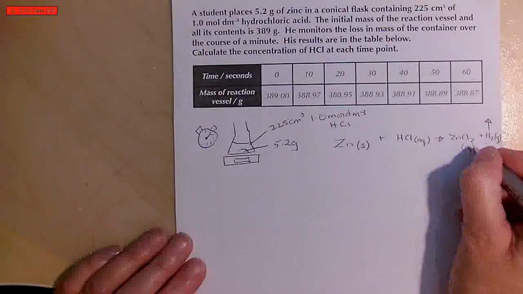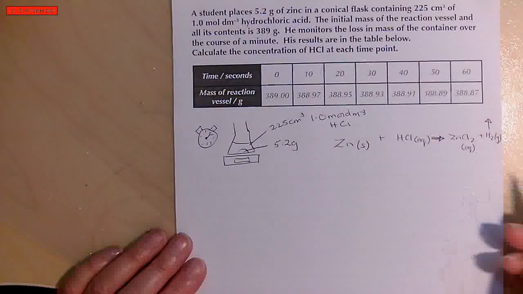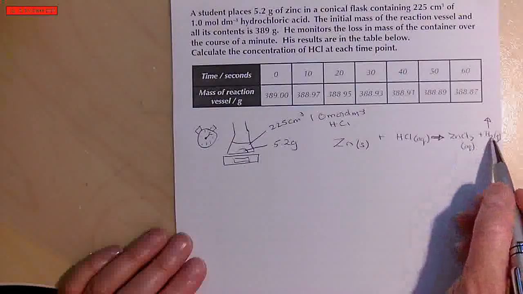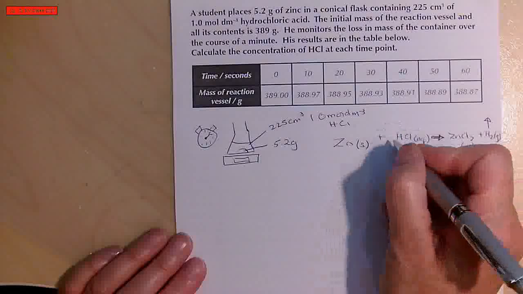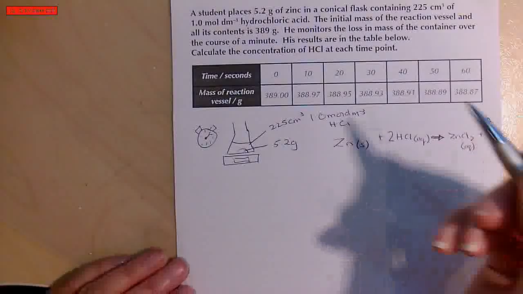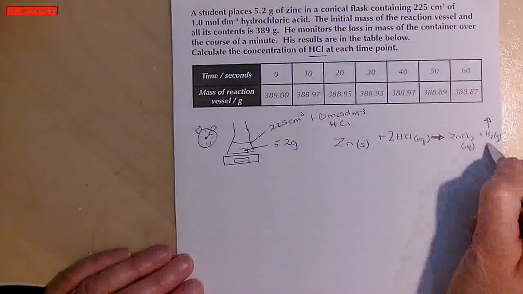So we know that that's going to go off. The zinc chloride is aqueous, so that's in solution. Is that balanced? Well, no it isn't, because we've got 2 chlorines here and 2 hydrogens here, and we've only got 1 chlorine and 1 hydrogen. So pop a 2 in front of that, and it is balanced now.